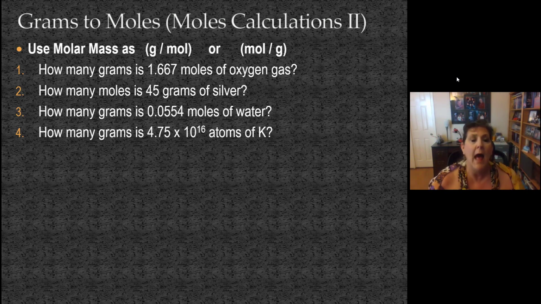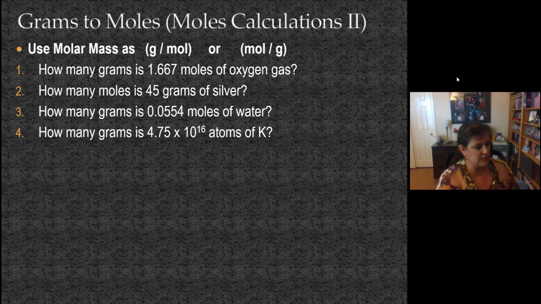Number 1, how many grams is 1.667 moles of oxygen gas? Start with what you know. 1.667 moles O2. We just talked about oxygen as O2. We're trying to get to grams now. We have moles, so we're going to need a molar mass.